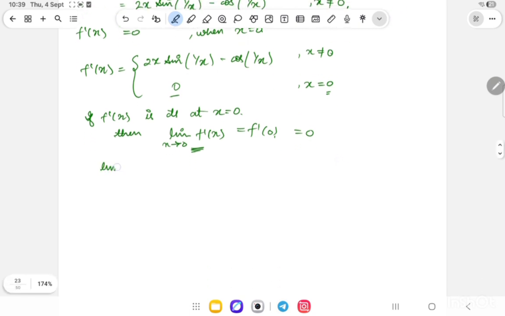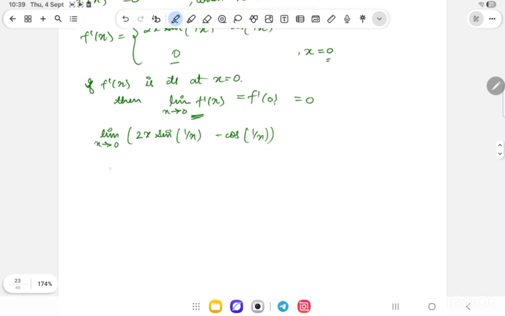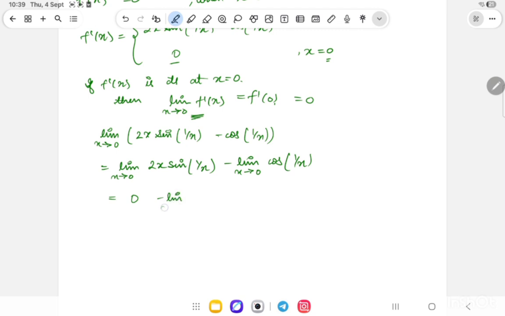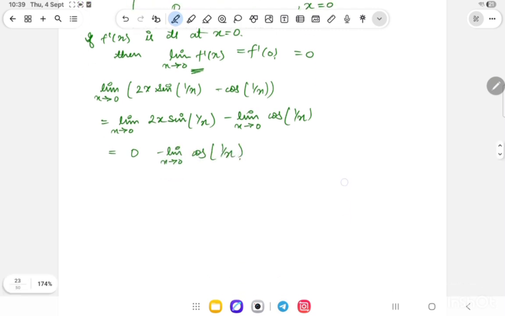So let us check if the limit as x approaches 0 of f dash x is 0 or not. It is 2x sine 1 by x minus cos 1 by x. This will be the limit as x approaches 0 of 2x sine 1 by x minus the limit as x approaches 0 of cos 1 by x. So this will be 0 minus the limit as x approaches 0 of cos 1 by x.